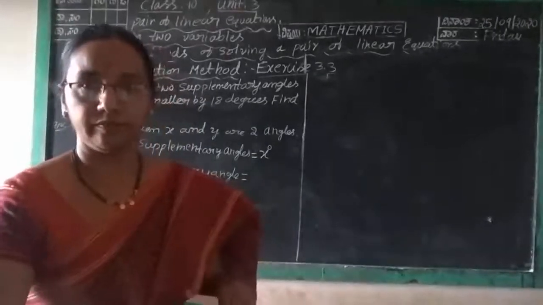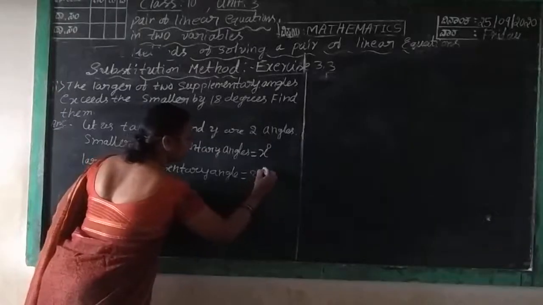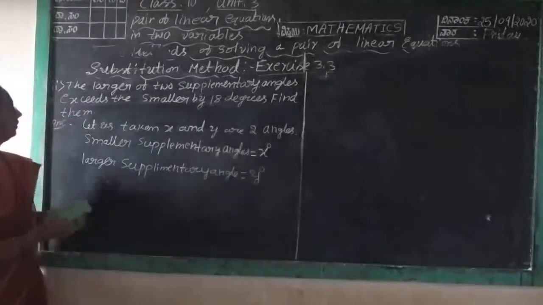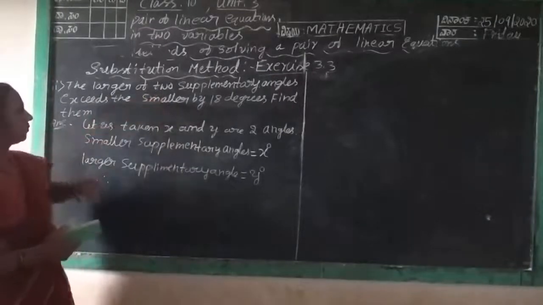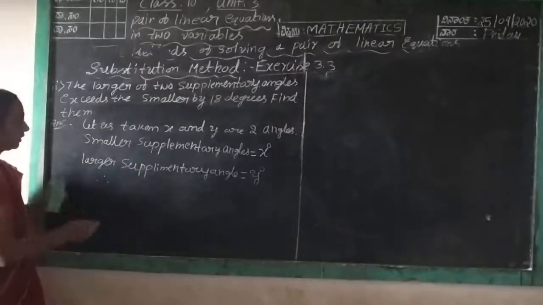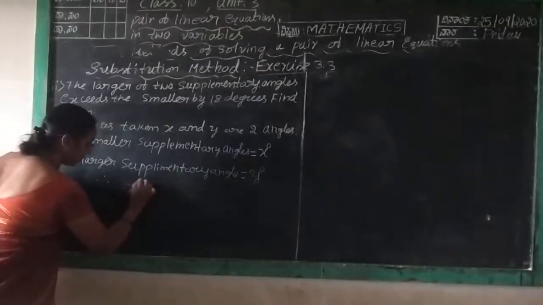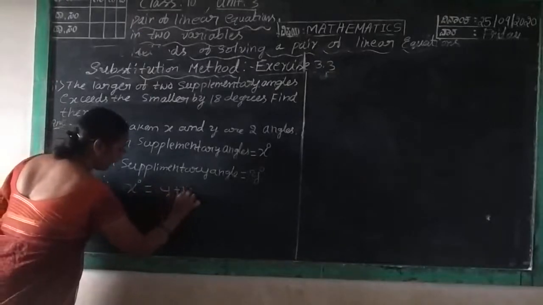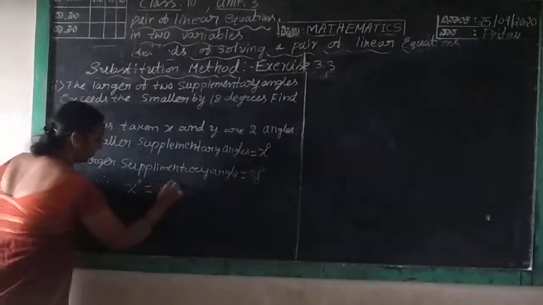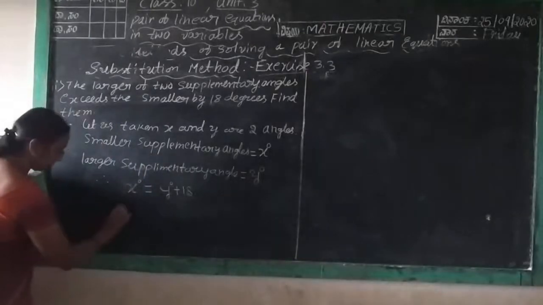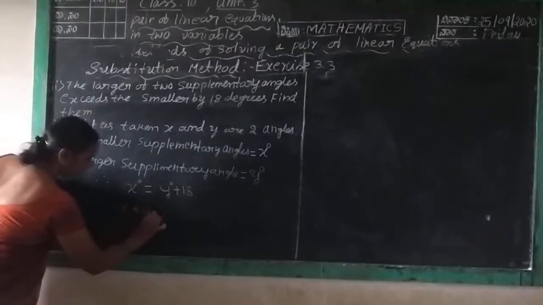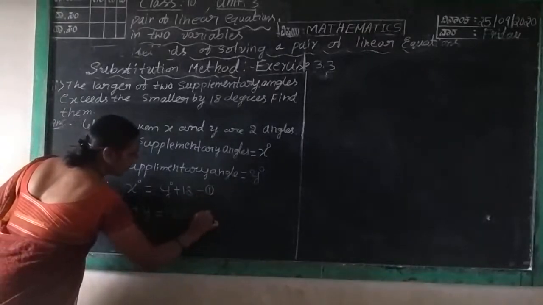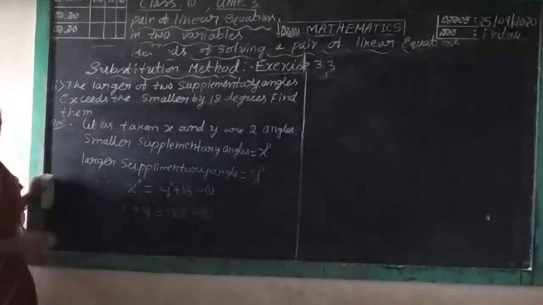Therefore, the larger of two supplementary angles exceeds the smaller by 18, which is written as x degree is equal to y plus 18. Then the second one, x plus y is equal to 180. This is known as the first one, and that is known as the second one.